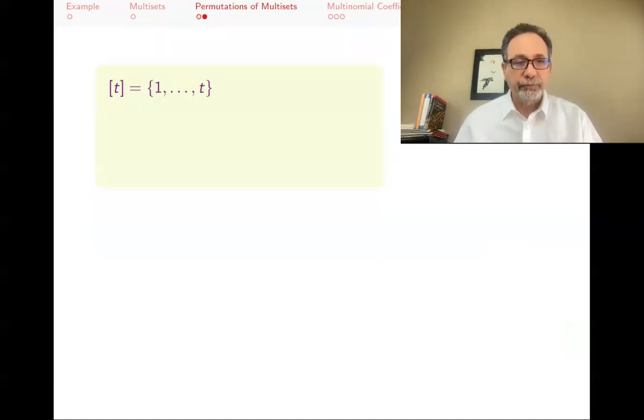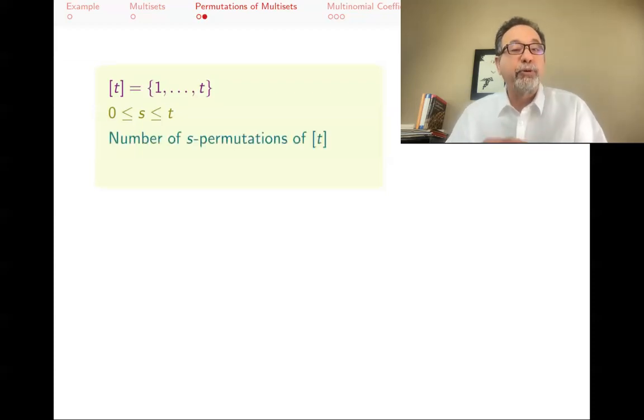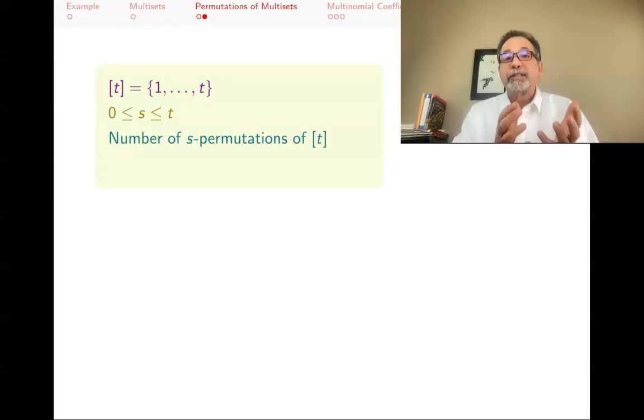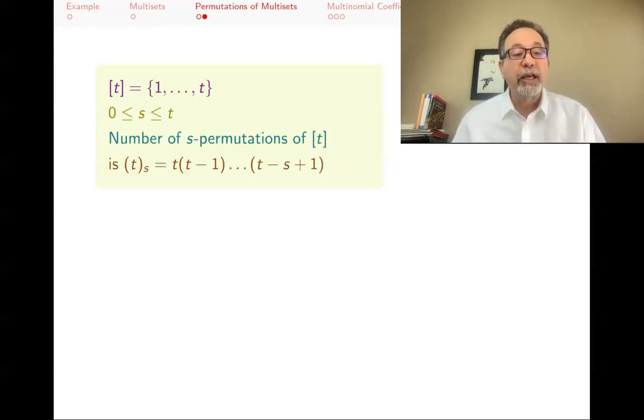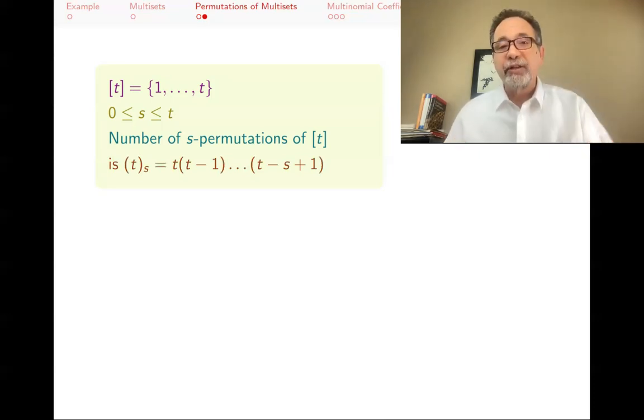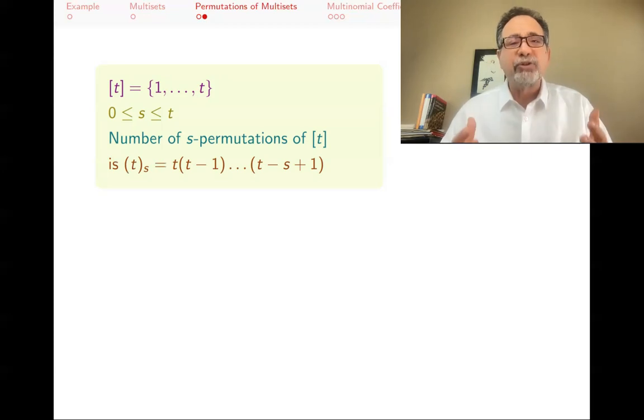So let me remind you about if this was a set. Our generic set with T elements is 1 through T, denoted by bracket T. And if I pick an S between 0 and T, then the number of S-permutations of this set, this is not a multiset, this is a set, we had a video about this, is going to be just a falling factorial. And the reasoning is just actually like the example at the beginning, but actually a lot easier.